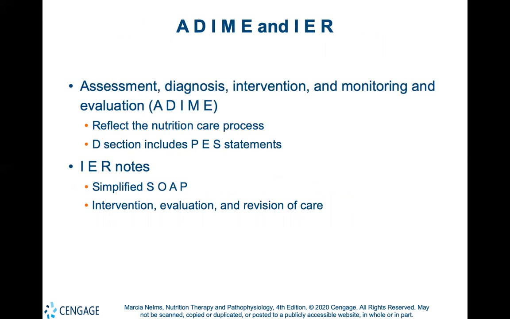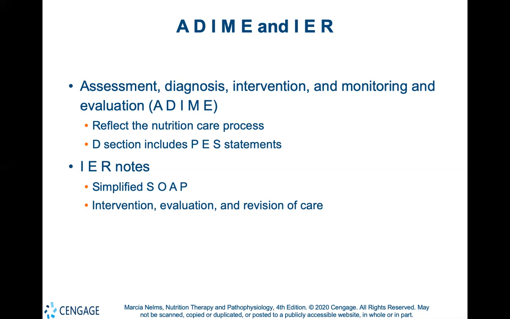The ADIME organization for nutrition documentation was designed to reflect the nutrition care process. Relevant data about the patient's condition are recorded in the assessment section. The diagnosis section is where the actual PES statement or statements are listed and prioritized.